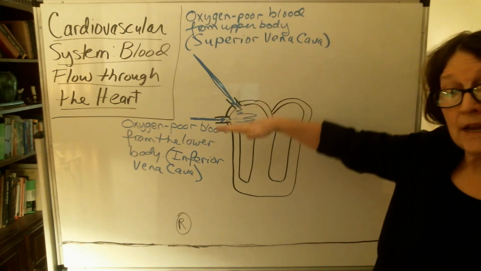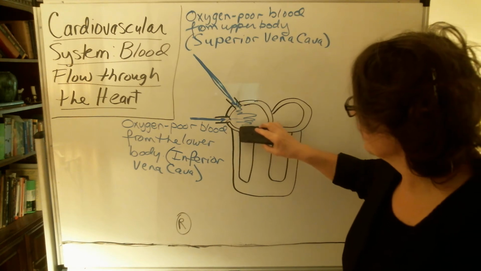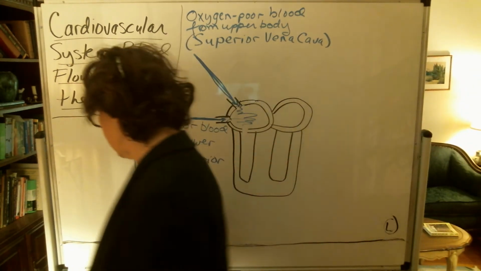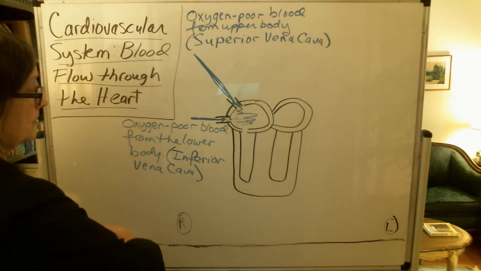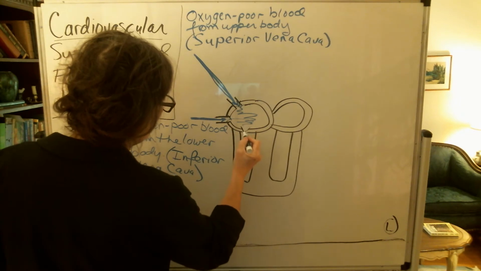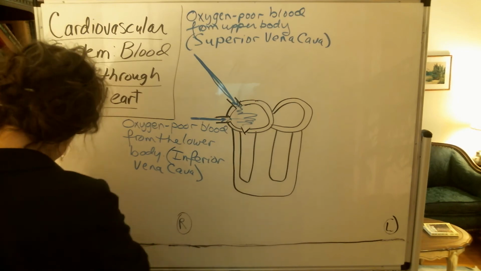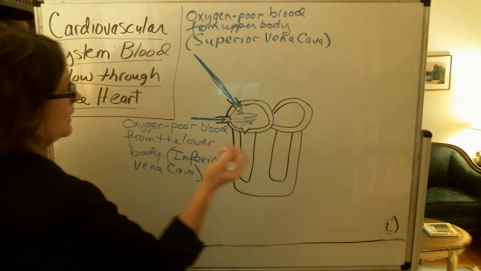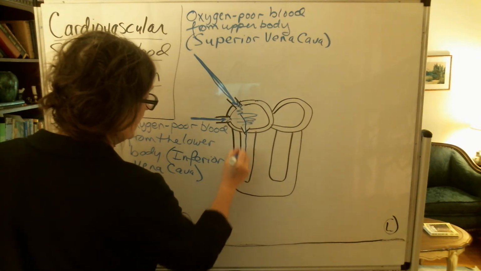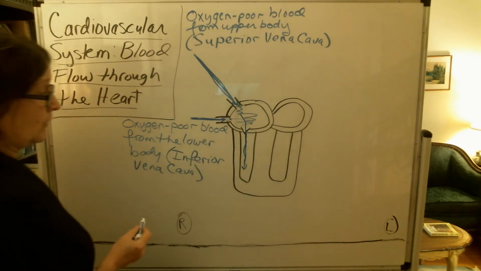And then, of course, the atria contract. Remember, the atria contract first. And then what happens is that this oxygen poor blood flows through another valve. Here's my valve again. The atria contract, and all of that blood then flows into the right ventricle.